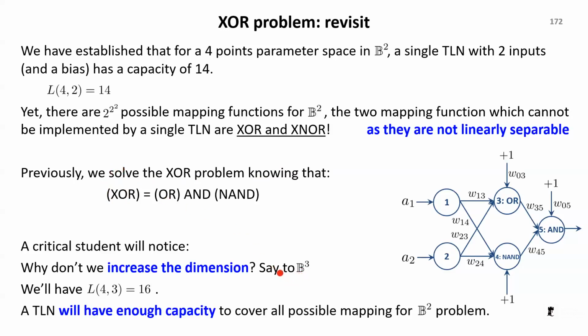If we can solve XOR in higher dimension, we know that a perceptron in higher dimension has capacity of 16, meaning that all Boolean order 2 problems can be solved in higher dimension, in order 3. And we can say that a perceptron will have the capacity in the higher dimension to solve Boolean order 2 problems.